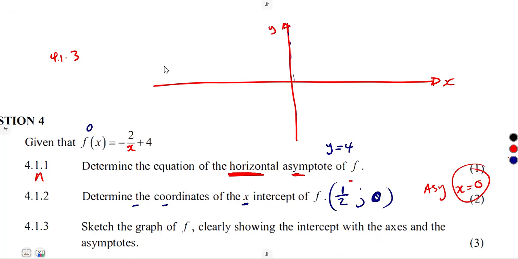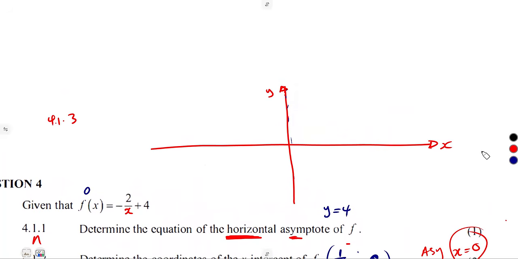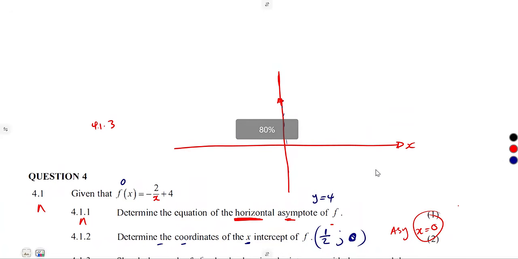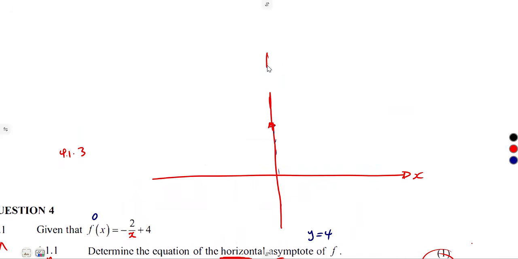So let's just say this is where we have got y which is equal to 4. All right, so let's just try to have this one a little bit bigger, going up. So let's say this is where we have got y which is equal to 4 on this line. We're just going to take a little bit up. All right, so let's just say we've got 0, 1, 2, 3, 4, 5, 6, 7, and so on.